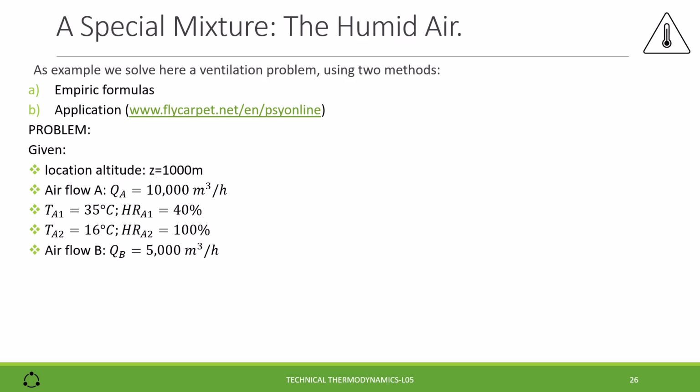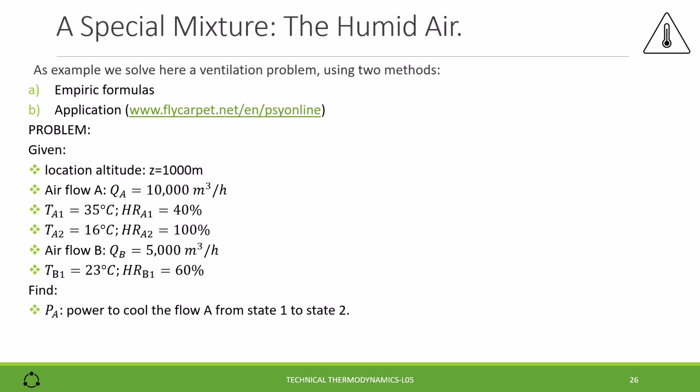Then we have an airflow B of 5,000 cubic meters per hour, and its temperature is 23 degrees and the humidity 60%. We need to find the power to cool the flow A from the state 1 to the state 2, and the temperature and relative humidity of the state 3 when the two flows A and B mix together.